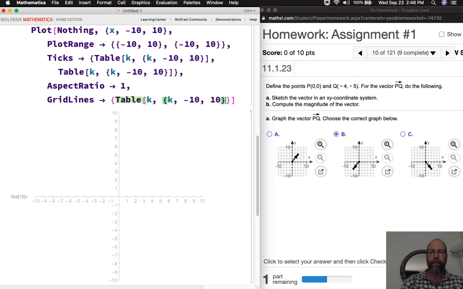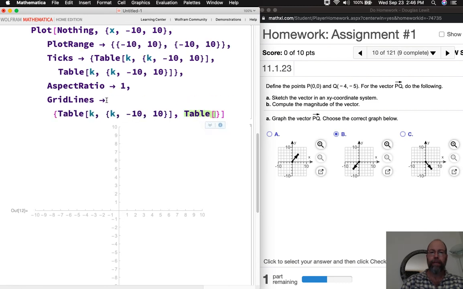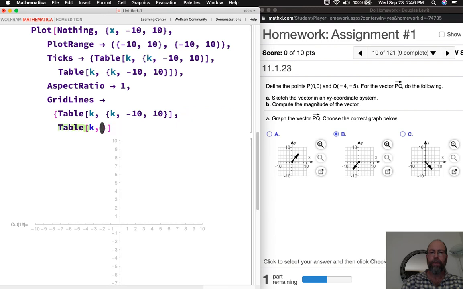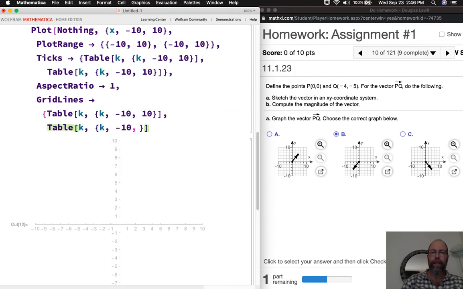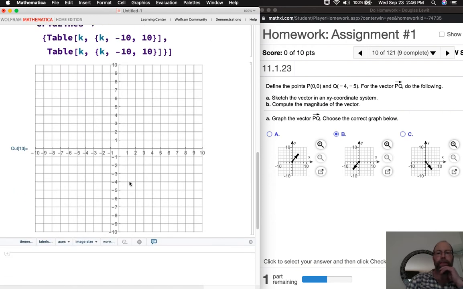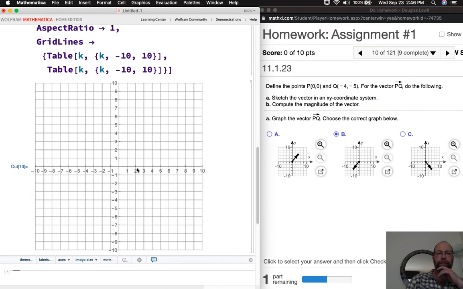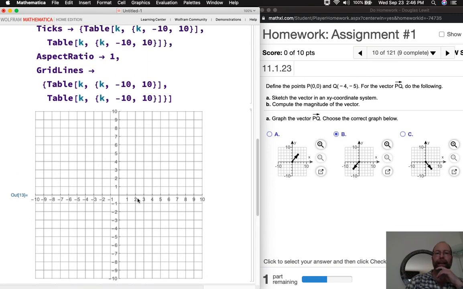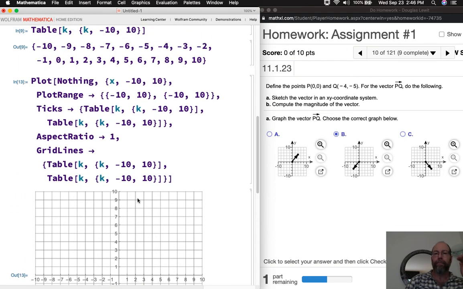Sorry about that. Table, k will go from -10 to 10. Let's see what that looks like. Okay, and that looks pretty good. All right, that looks pretty good so far, right? So we have the background. This generated the background.